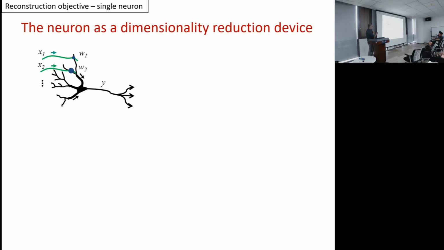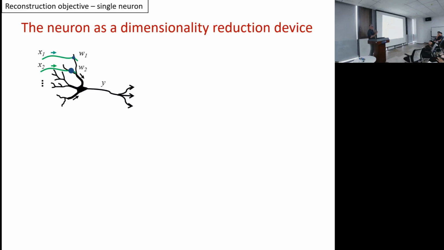So you can see already that both anatomically and physiologically, it's very salient that a neuron is reducing the dimensionality of the inputs. The inputs could be 1,000-dimensional, 10,000-dimensional, but then that very high-dimensional vector gets projected onto a single number, which can be the firing rate or the membrane potential, whatever you like.